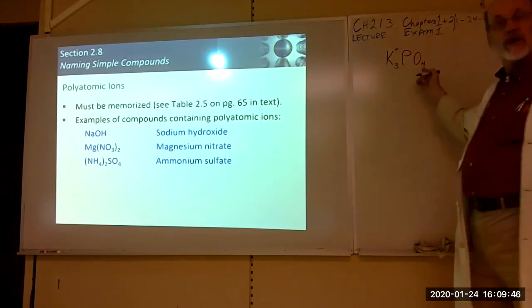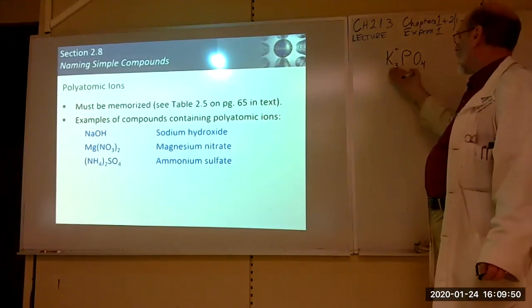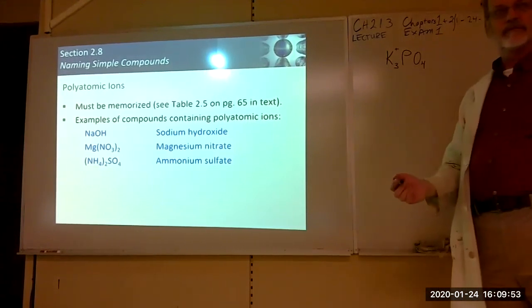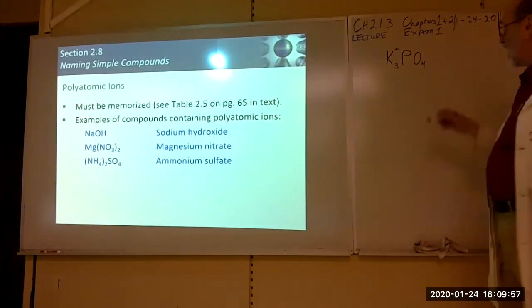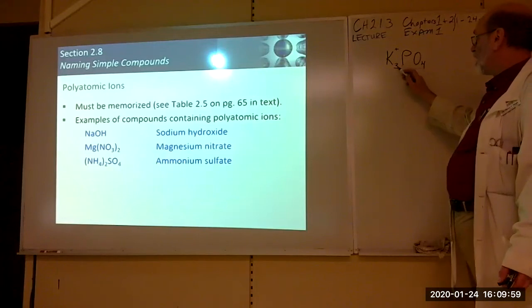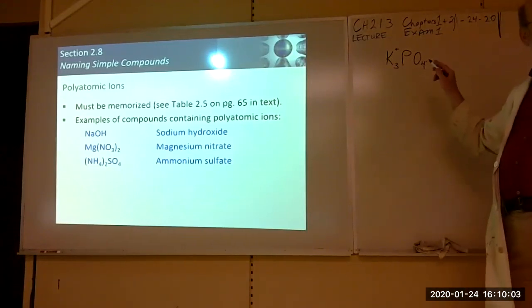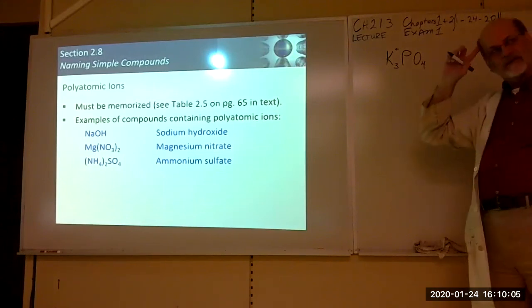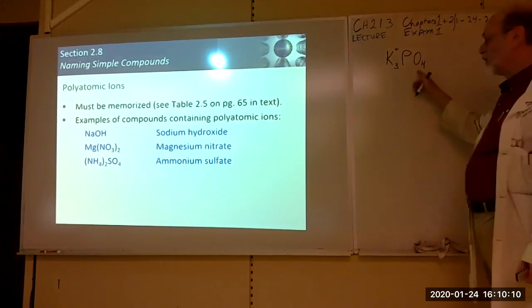Right? And then you look up PO4. How do you know that that's a polyatomic and not a combination of 3 different elements? Well, one clue is that you have 3 or more elements, and one of them is oxygen. If you see an oxygen in there, suspect polyatomics. Go look for it. See if it is. PO4 is a polyatomic.